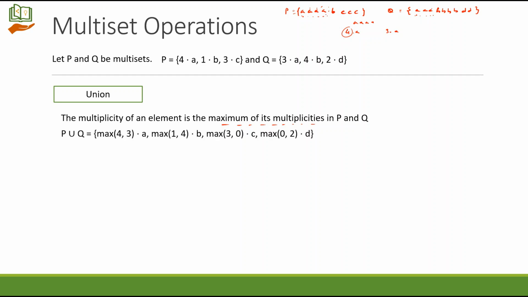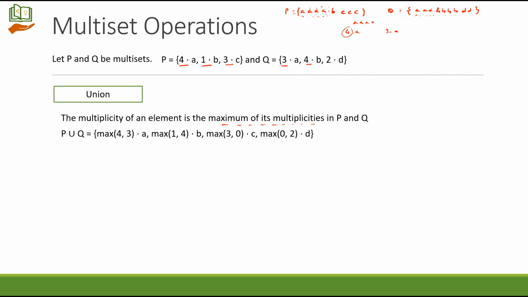P union Q is equal to the maximum of 4, 3 with respect to A, 1, 4 with respect to B, 3, 0 because C is absent in Q. So we have multiplicity to be 0. Now you can understand why we are assigning 0.